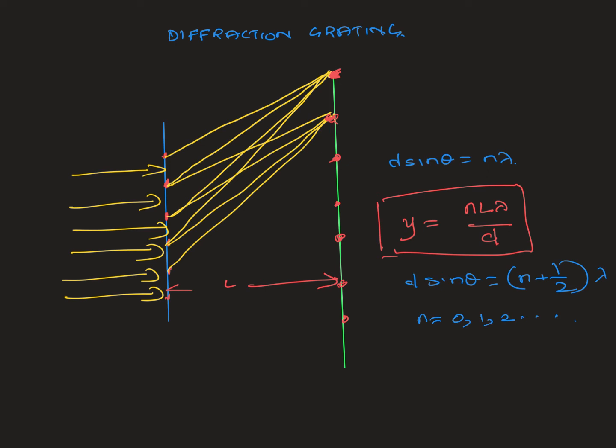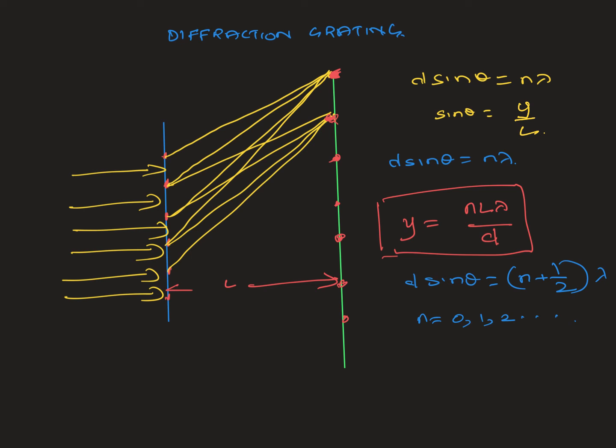So one thing you need to remember, whether it is a double slit diffraction or a multiple one, a diffraction grating, I would say the only formula that you need to remember if you want to answer questions is this one, which is d sine theta is equal to n lambda, and sine theta is always y over L. The y is the distance from the central maximum to the first order maximum, and L is the distance from the slit to the screen.